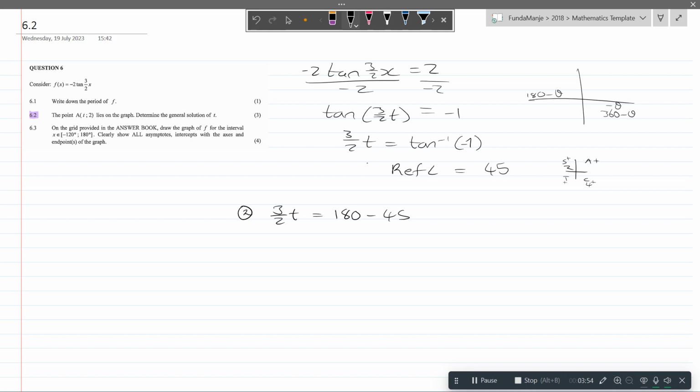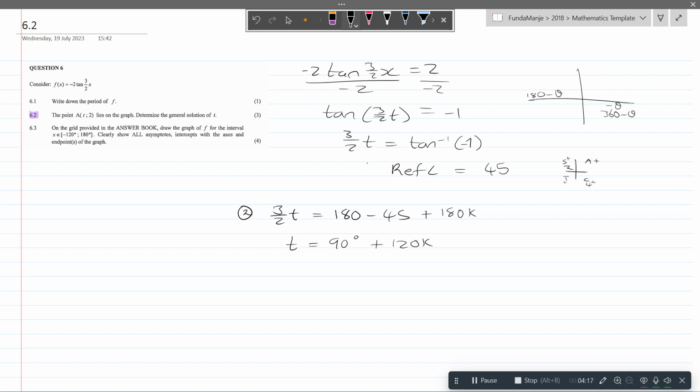So after that you simplify, or first you need to add the period. So you say plus 180k. Then we can simplify this, multiply everything by 2, then divide by 3. You find that t will be equal to 90 degrees plus 120k.